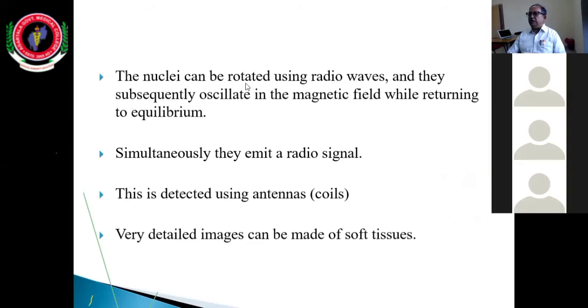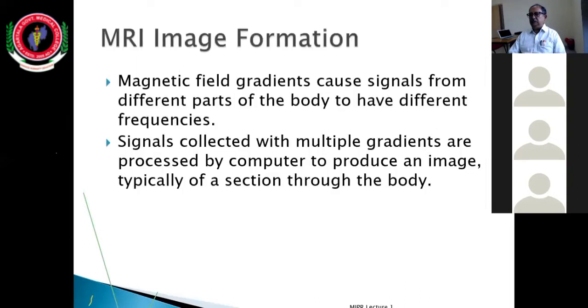The nuclei can be rotated using radio waves, and they subsequently oscillate in the magnetic field while returning to equilibrium. Simultaneously, they emit a radio signal, which is detected by the coils, gradient coils, and displayed as images on the MR machine. So, this is the basic principle of MRI images.